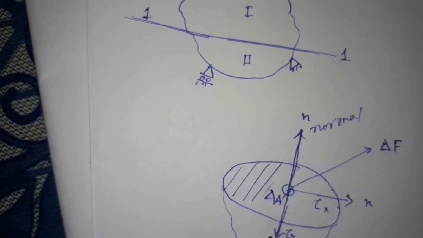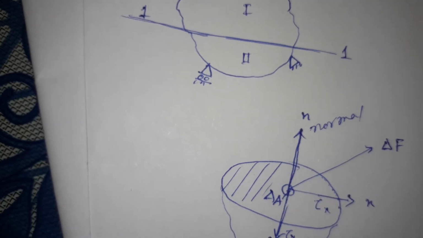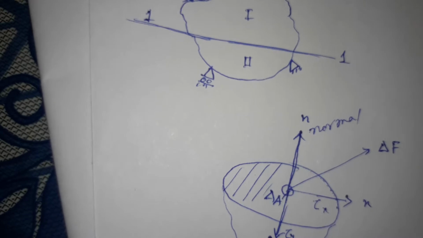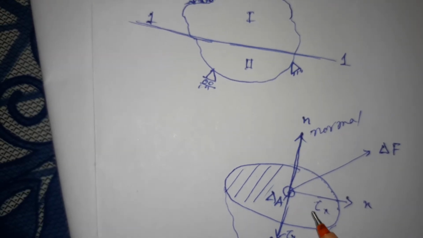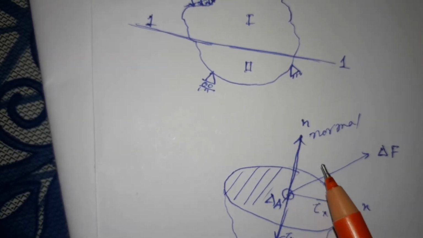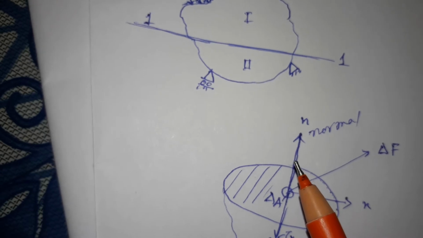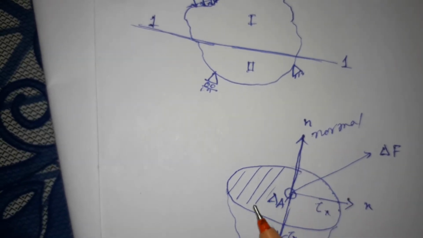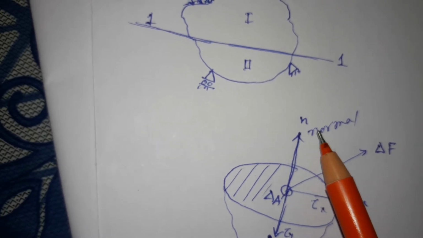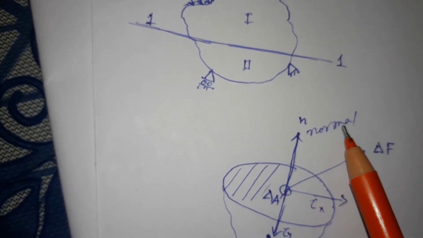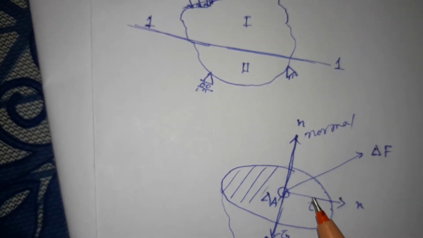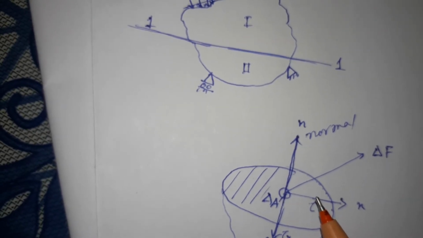The x-axis and y-axis components of delta F are on the plane of this body, and the remaining third component is perpendicular to this plane. This is known as normal stress, and these are known as shear stress.